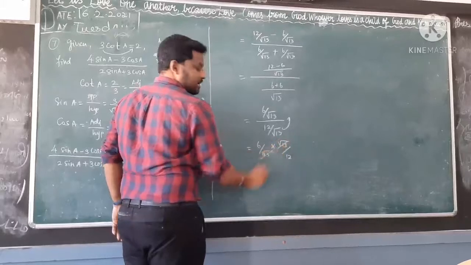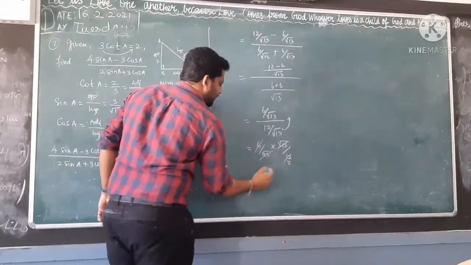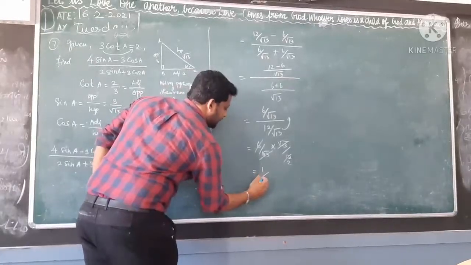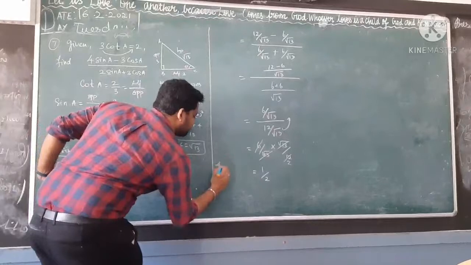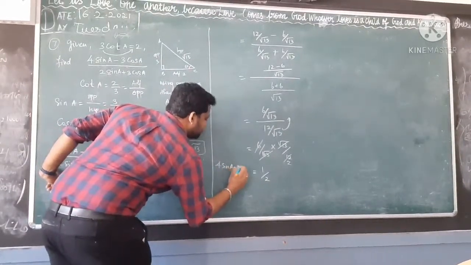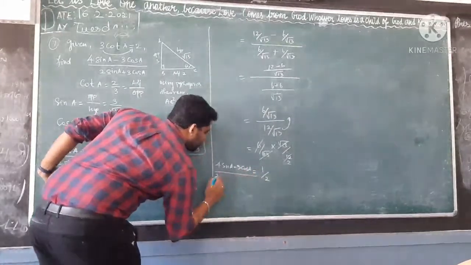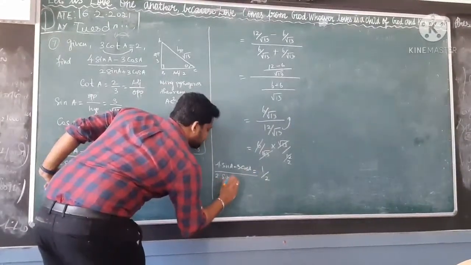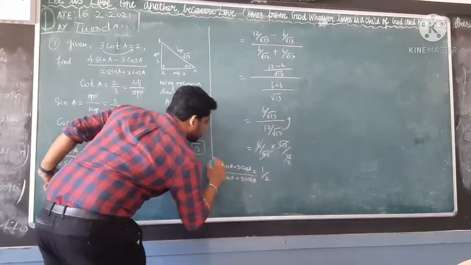Root 13 will be cancelled. 1 6 are 6, 2 6 are 12. This is equal to 1 divided by 2. This is the value of 4 sin A minus 3 cos A divided by 2 sin A plus 3 cos A.